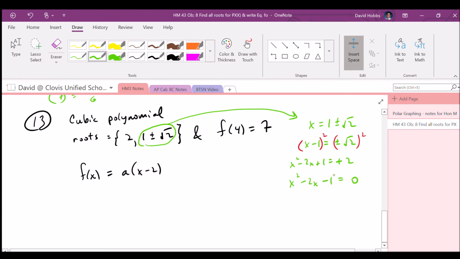So this quadratic contains the roots 1 plus and minus root 2. So x squared minus 2x minus 1.